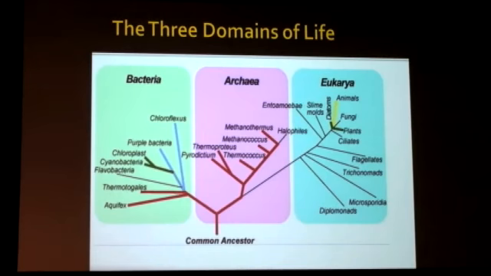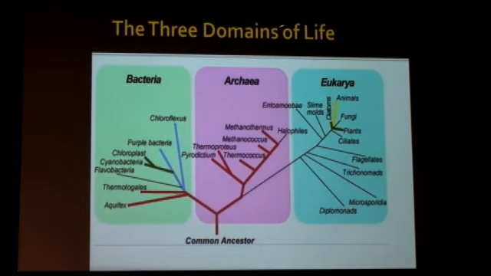Yet they're so different that now we have three domains of life. Bacteria is one domain, archaea is another domain, and eukaryota, which includes plants and animals and reptiles and people and slime molds and yeast, all of this is in another domain. So this to me is a huge problem because these are all basically bacteria.